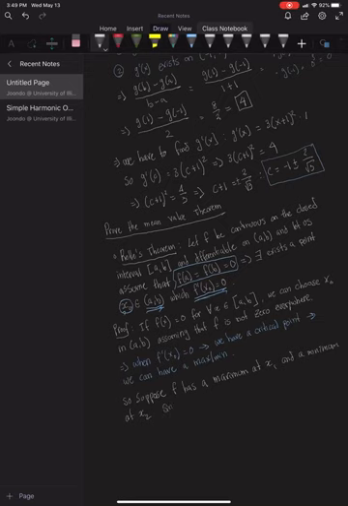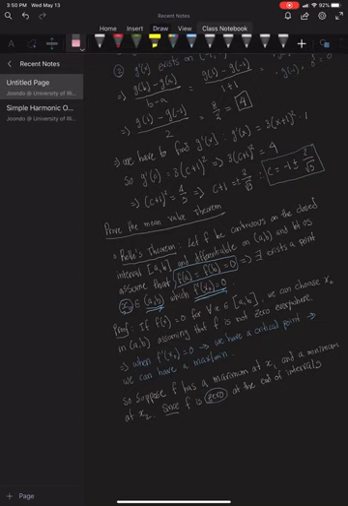Since f is 0 at the ends of the interval, if you have an interval of x1 and x2, then it's going to be 0 at x1 and 0 at x2 because those are the critical points in a technical manner.